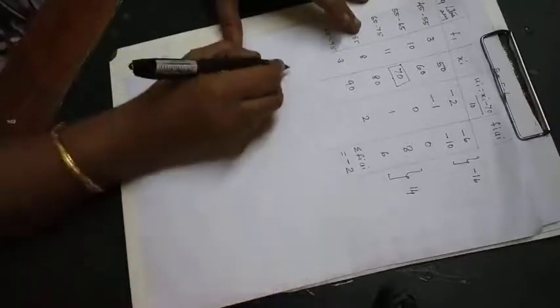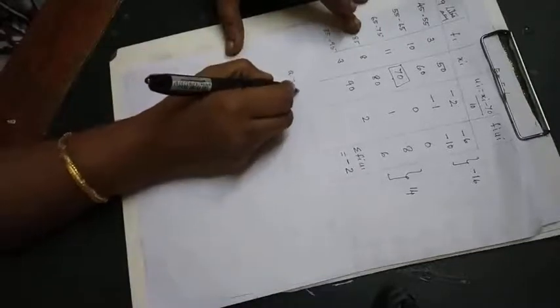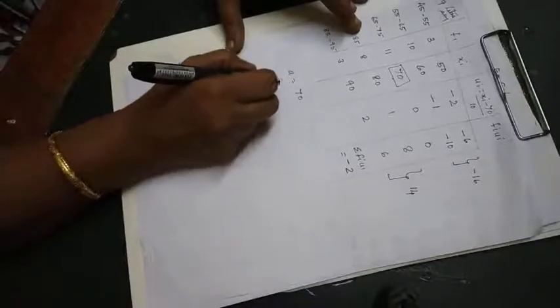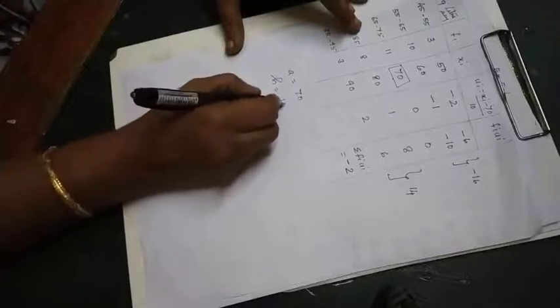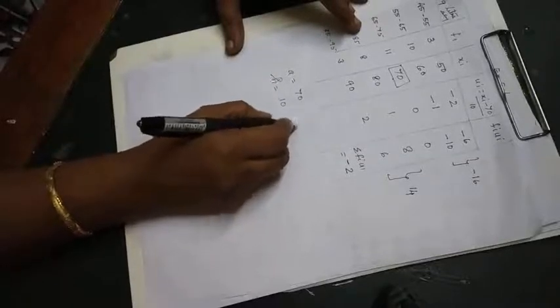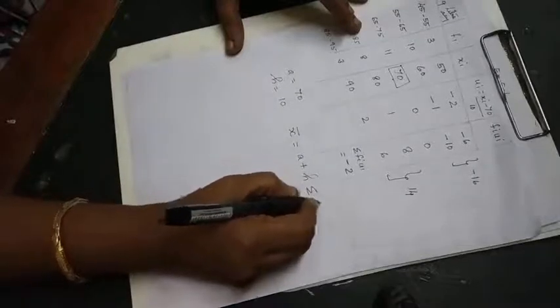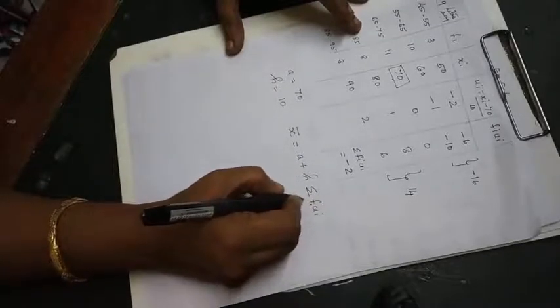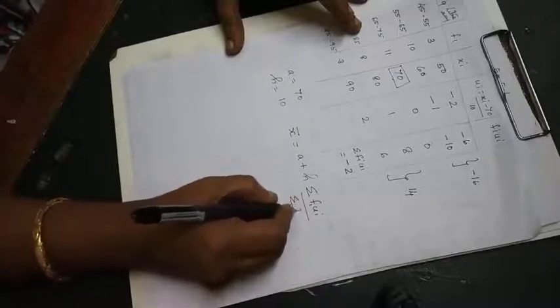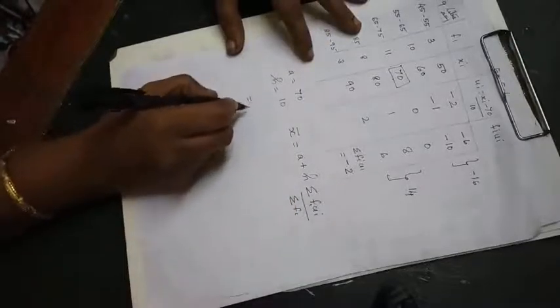Now what was our a? a was 70, h was 10. So x bar is equal to a plus h into sigma fi ui by sigma fi.